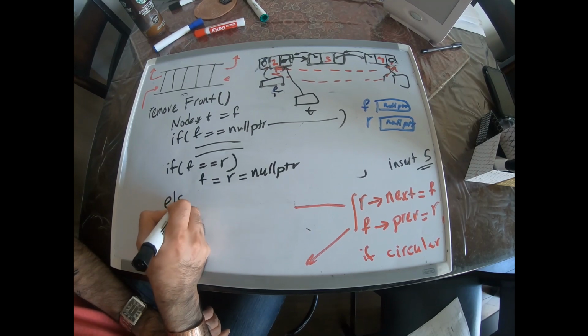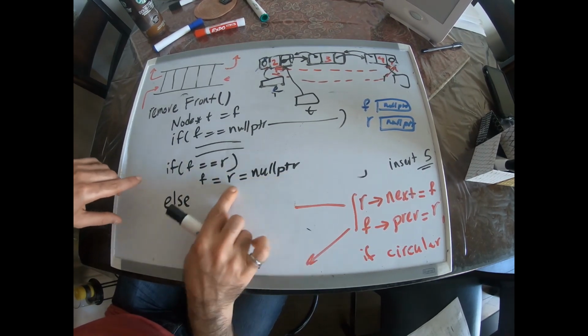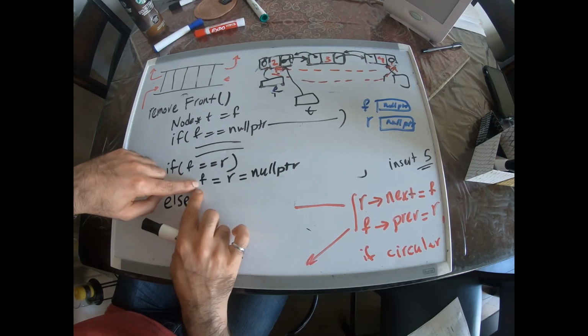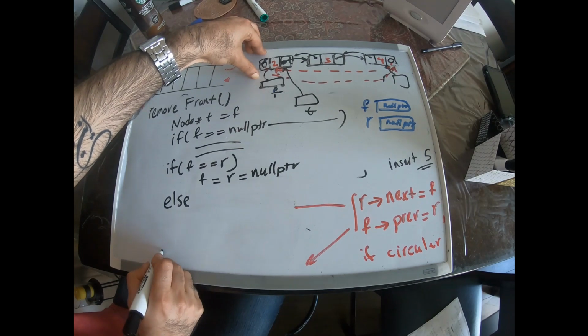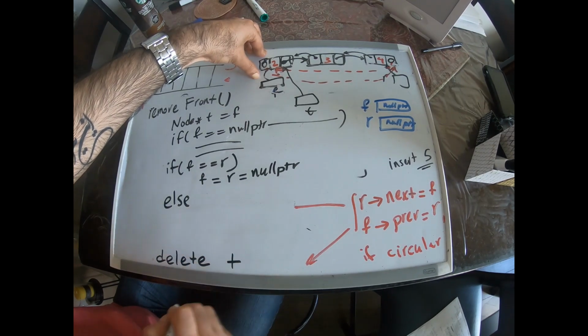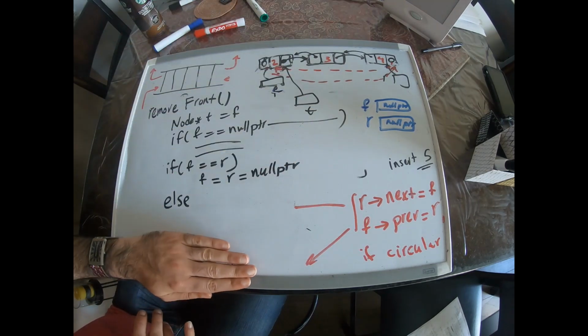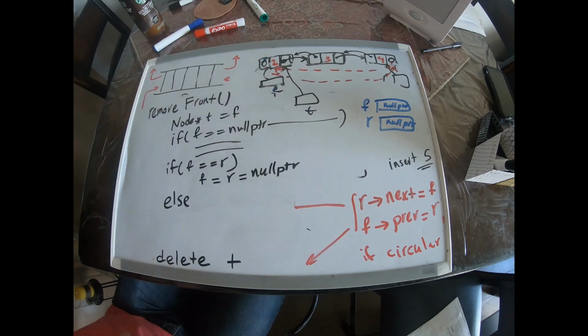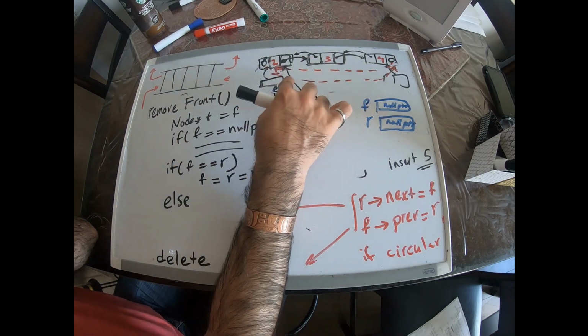Else, this is not complete, right? We are changing f and r, but we also have to deallocate. I'm just gonna write it so that we don't forget. Delete t. Once you change everything, once you change front, we're gonna delete t, right? Delete the front.